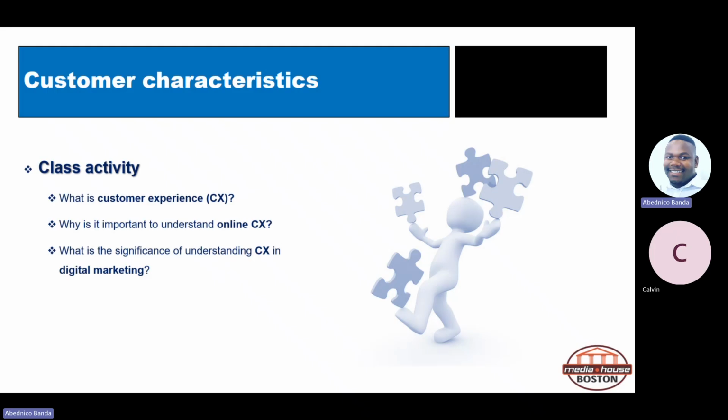The experience can be good, and the experience can also be bad. If the experience is good, it may lead to customer loyalty. It may lead to brand advocates and so forth. But if the experience is bad, it can lead to loss of customers, boycotts, and so forth. So this is why it is very important and crucial to understand customer experience in digital marketing.